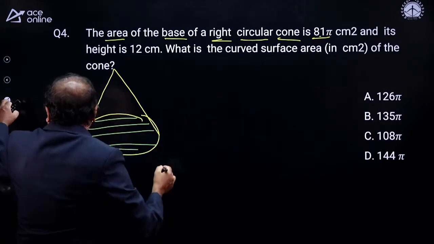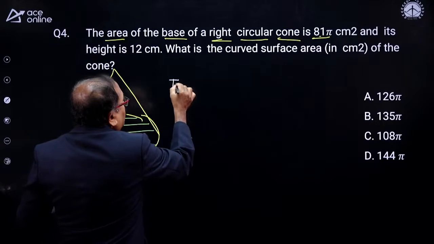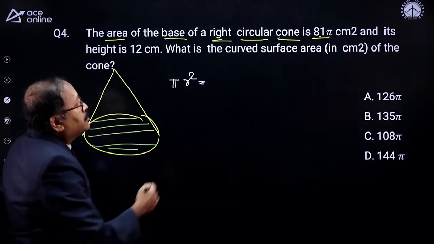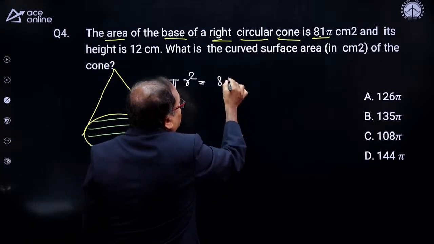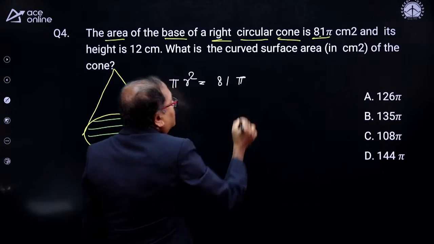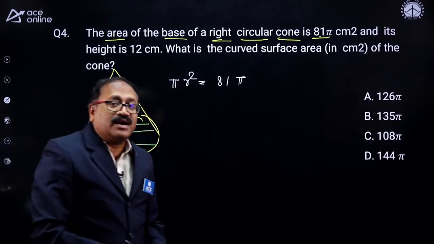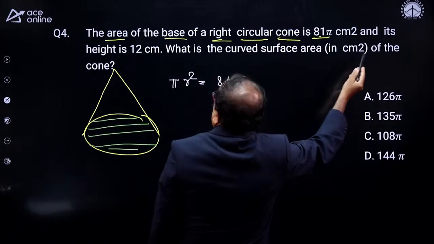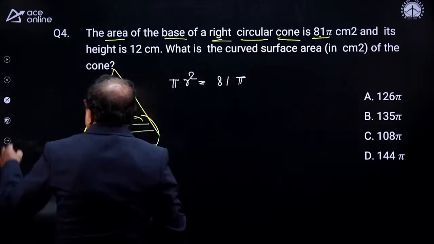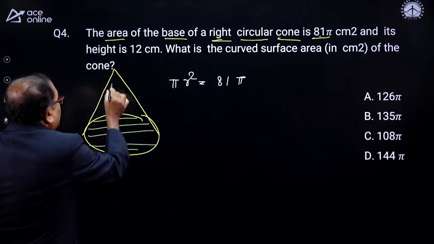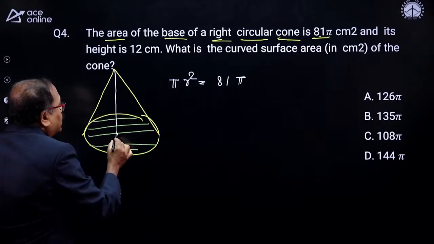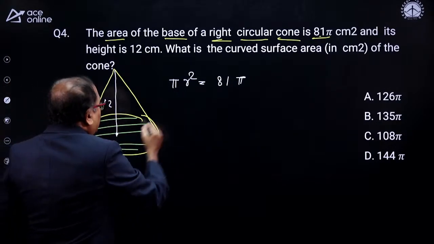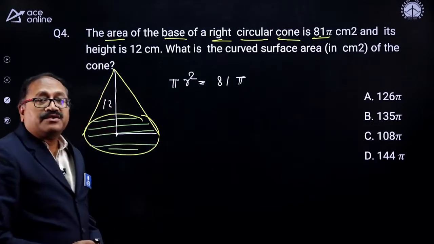So if I write this as pi r square, which is already given to us as 81 pi, from here I will get the pi, and I will get the r. Right, Likhita? Next, it says the height is 12 centimeter. So this is the height, given as 12 centimeter. From here I will get the radius r.